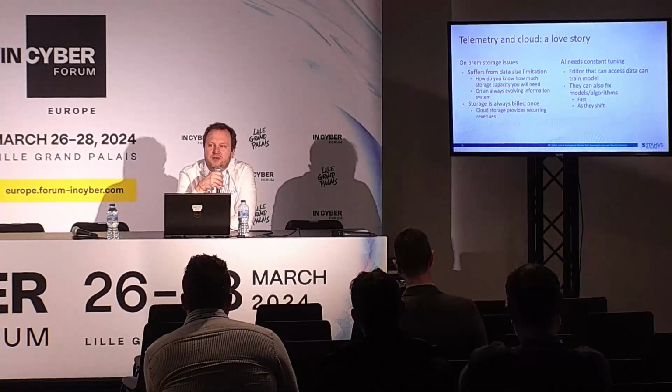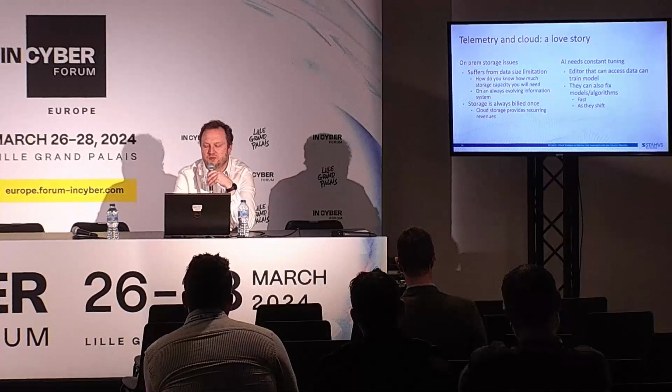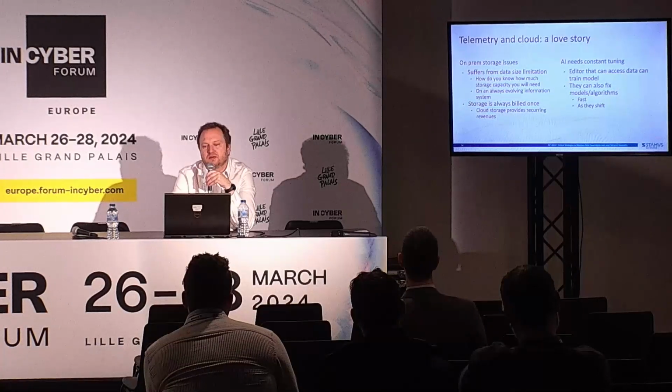So when the information is available via their own cloud storage, it's easy. You can change your algorithm yourself rather than having a third party do this. So this is why we will start seeing more telemetry in the cloud. It's more convenient.